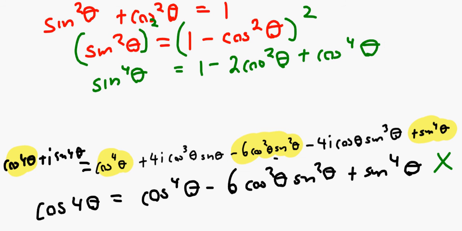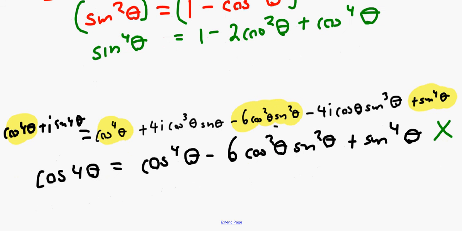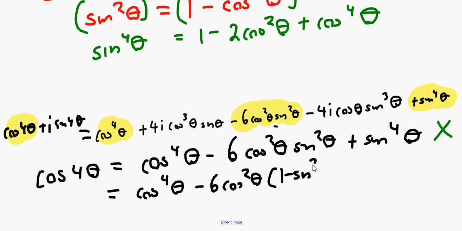Let's sub this stuff in and see what happens. So this is going to be cos to the power of 4 theta minus 6 cos squared theta into 1 minus cos squared theta. And what about over the other side?